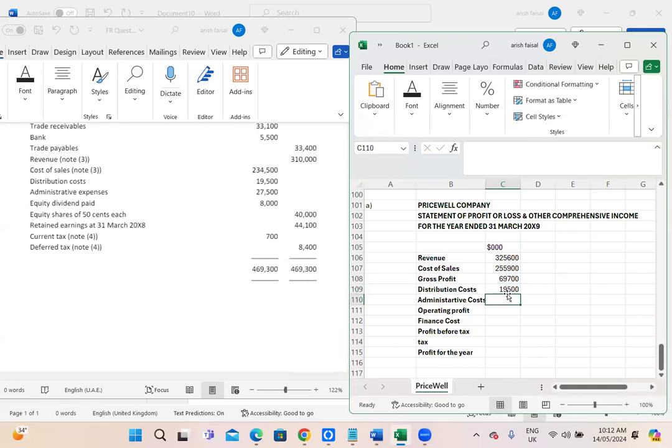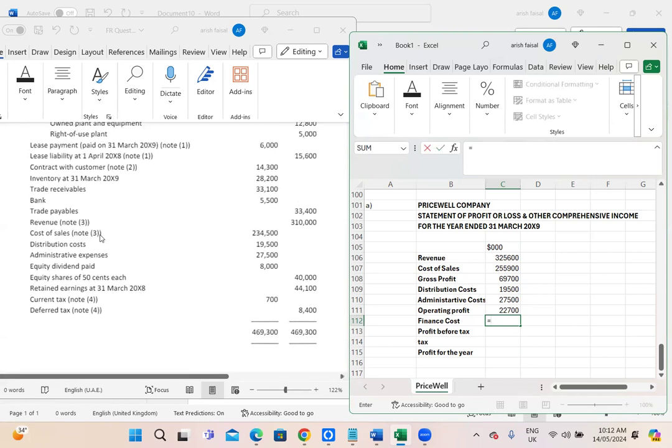And the admin is 27,500. So this gives me my operating profit at this minus 19,500 minus 27,500. So you get 22,700.